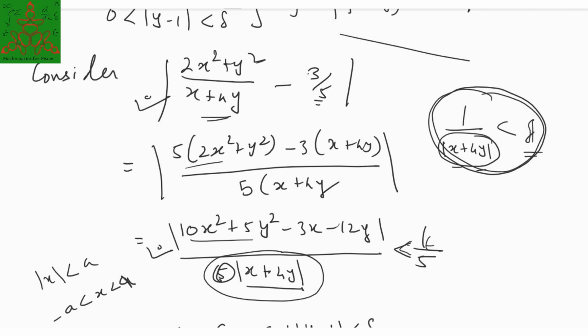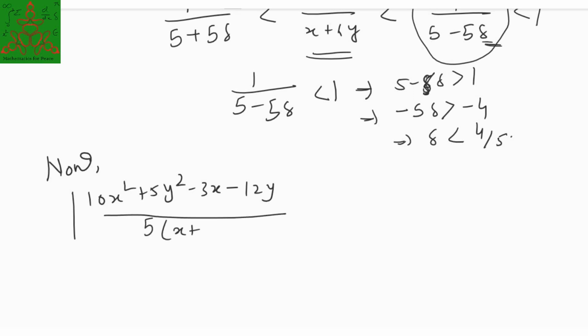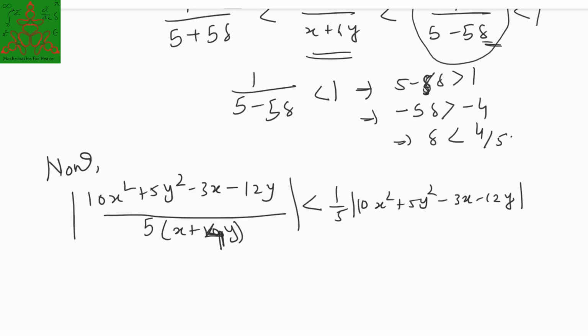So let us write one more time here: 10x square plus 5y square minus 3x minus 12y, that is the above quantity, which I have written as 5 into x plus 4y, will be less than 1 by 5 mod of 10x square plus 5y square minus 3x minus 12y. Again, this is provided your delta is less than 4 by 5. If your delta is less than 4 by 5, we can say that 1 upon this quantity will be less than 1.